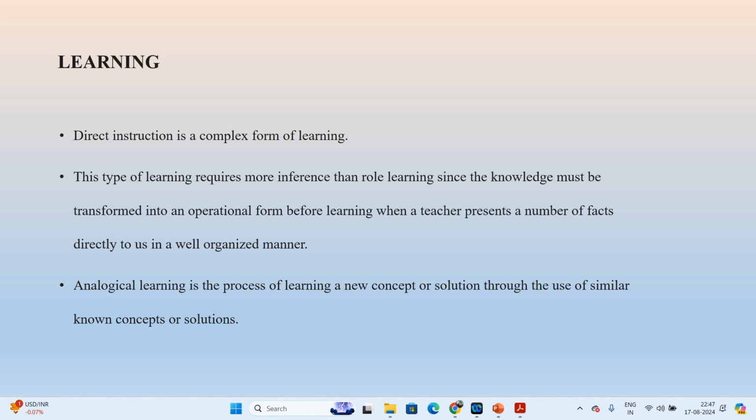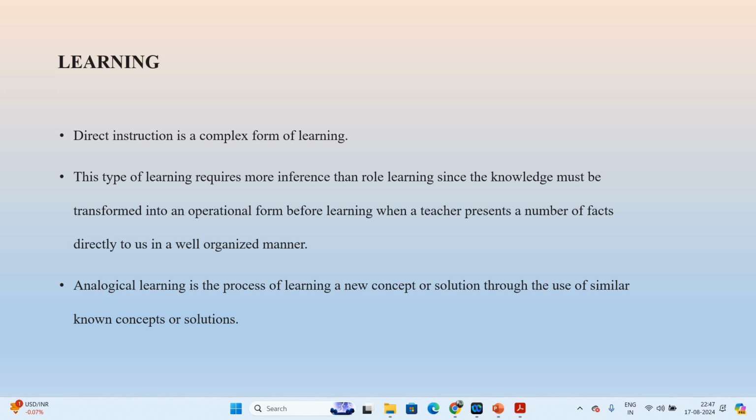This type of learning requires more inference than rote learning, since the knowledge must be transformed. Before answering this particular assignment, the teacher should teach the techniques, simple techniques, and some example problems on how to solve the assignment. That means she or he needs to transfer her own knowledge to the students.